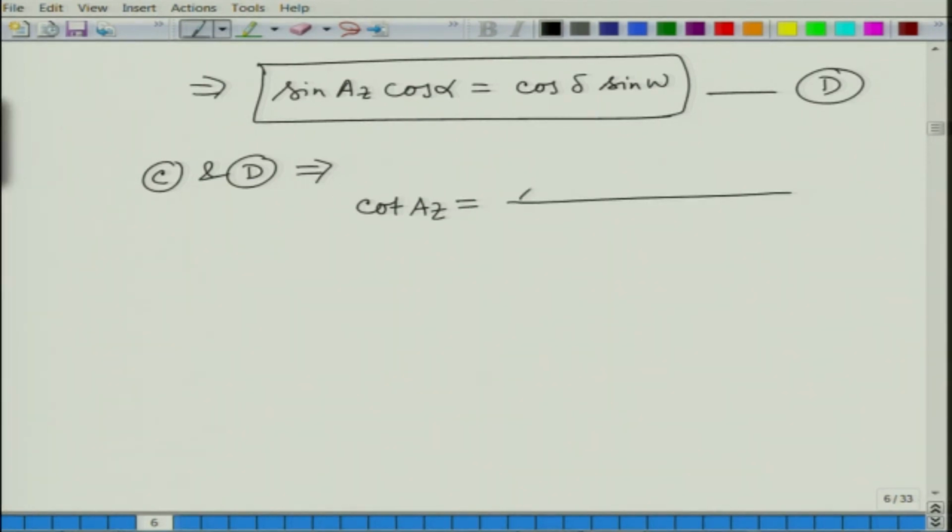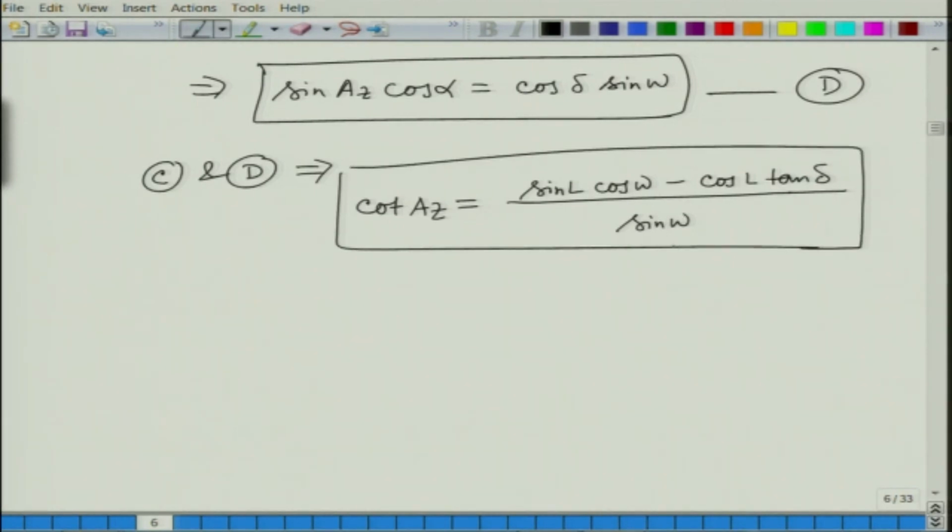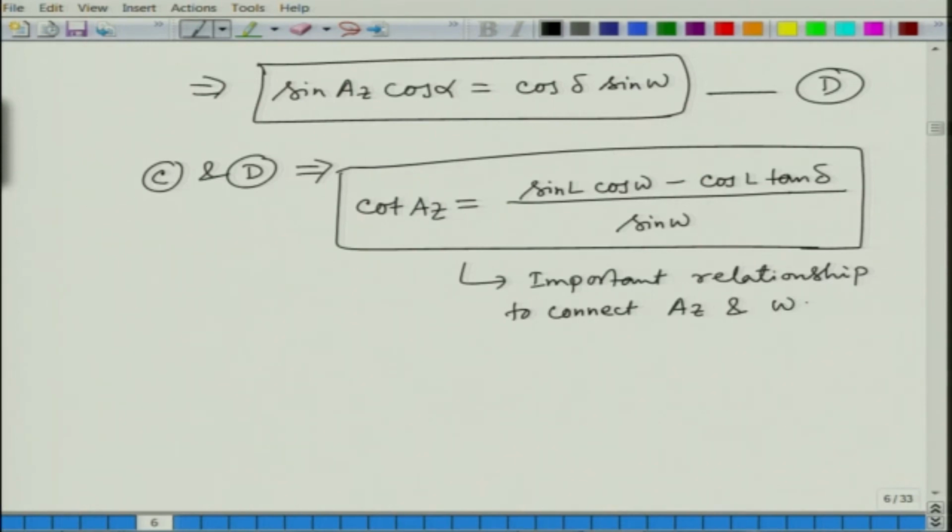Okay. And that is sine of latitude cos of hour angle minus cos of latitude tangent of declination angle, and the whole divided by sine of hour angle. So, that is another very important relationship to connect the solar azimuth angle and the hour angle.